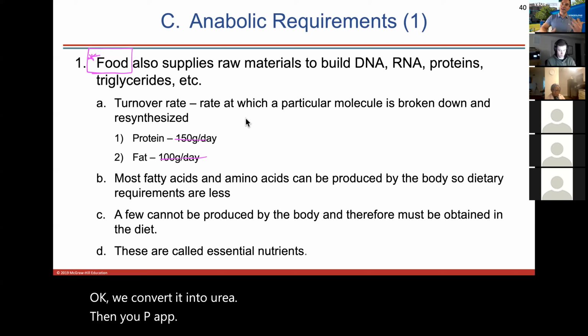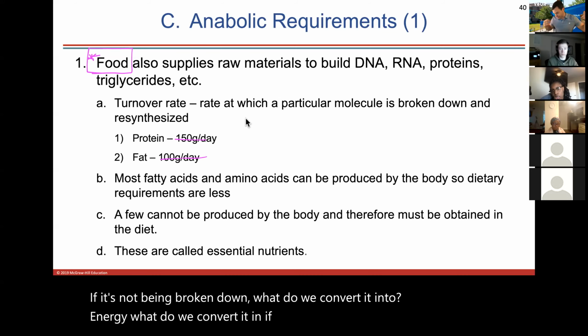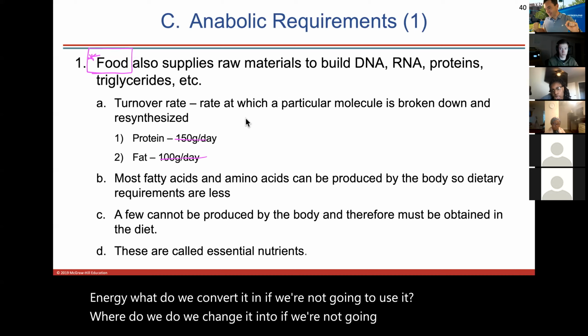So where does extra or excess protein go if it's not being broken down? What do we convert it into? Energy? What do we convert it into if we're not going to use it? ATP? What do we change it into if we're not going to utilize it? The F word. Fat.